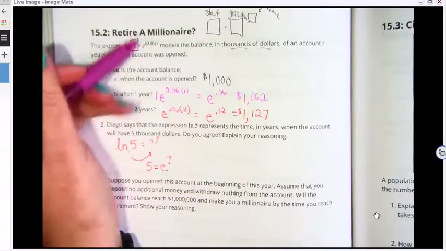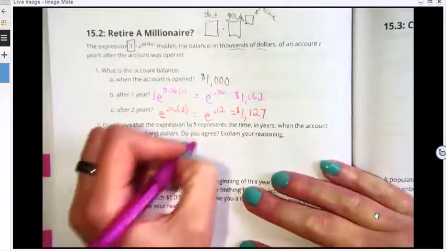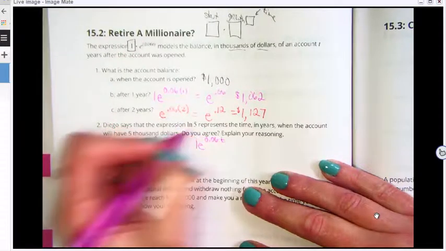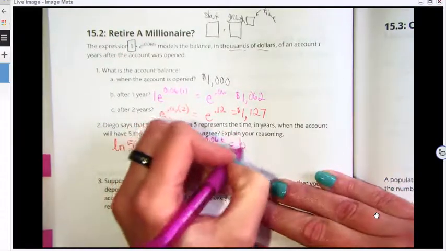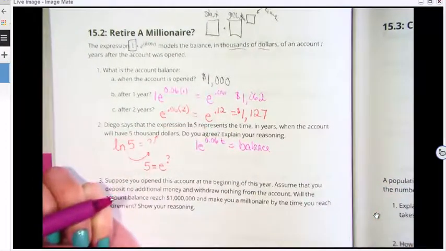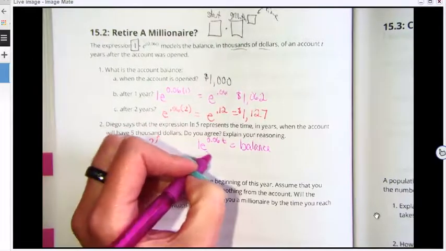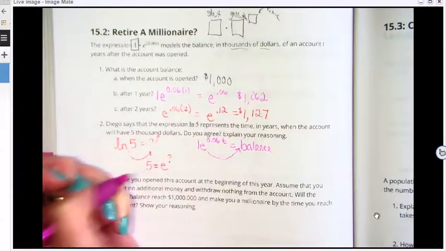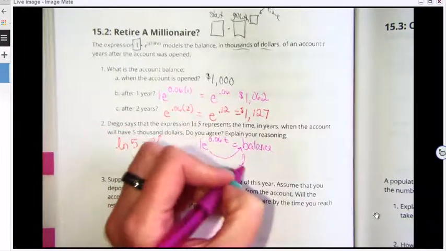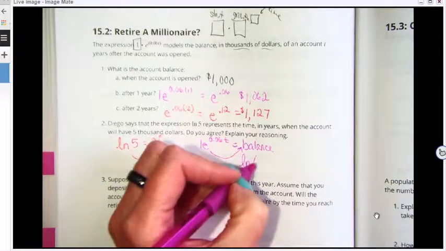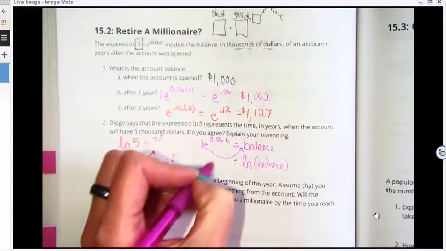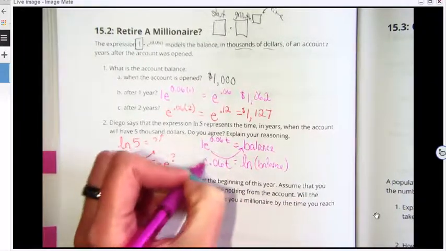Looking at it the other way, if I took our existing account, 1e to the 0.06t equals the balance, well, when I roll that e to the other side, remember that's the natural log of e, so ln of the balance would equal 0.06t, how much time it takes me to get there.